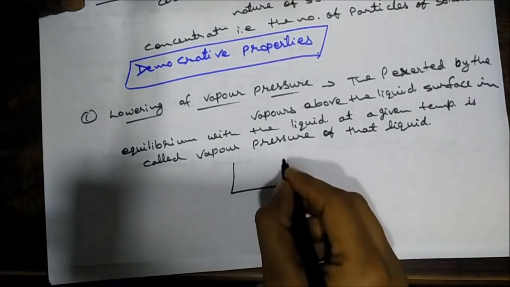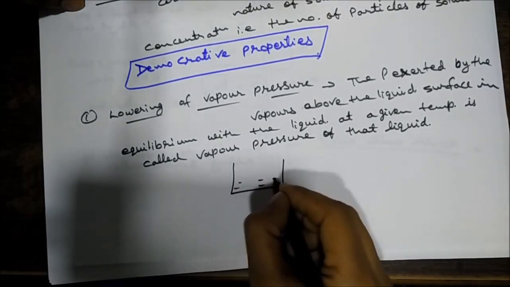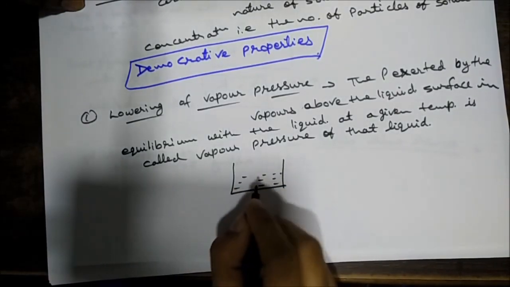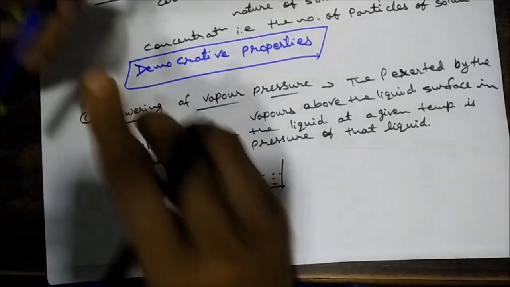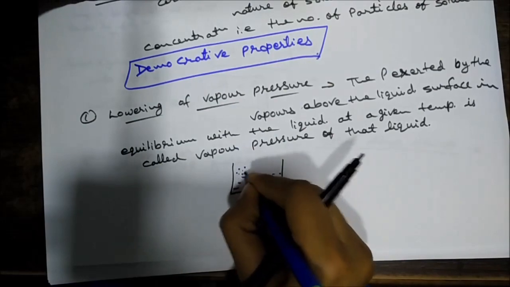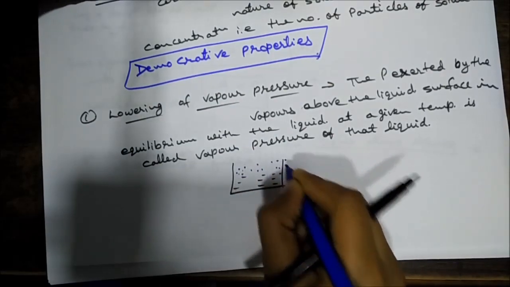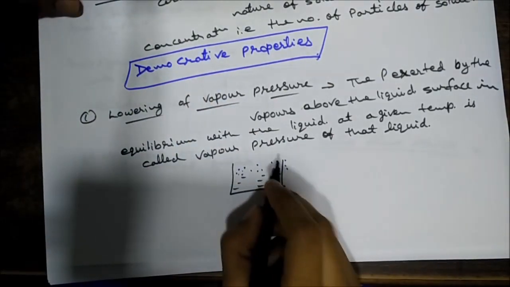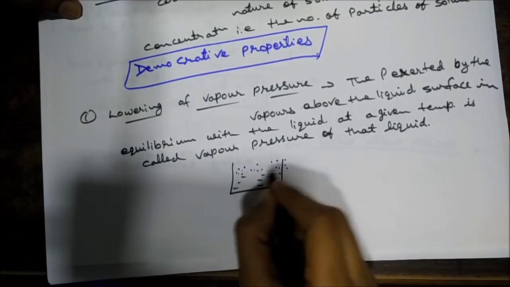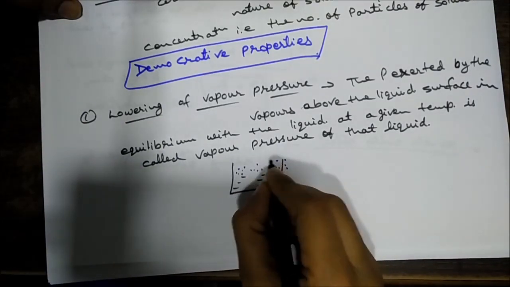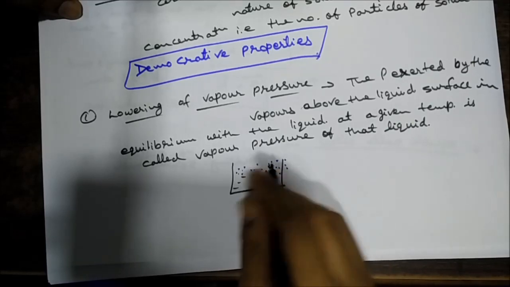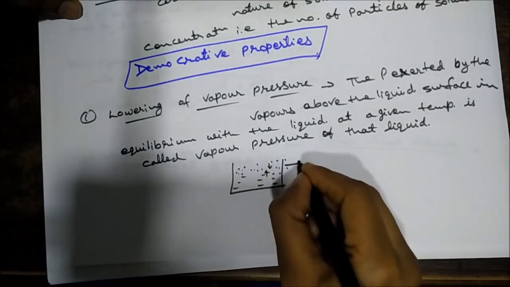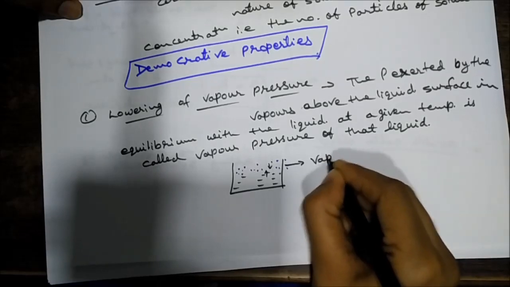So if a liquid is present here and these are the vapors, so the pressure exerted by these vapors above the liquid surface in equilibrium with the liquid at a given temperature is called vapor pressure.